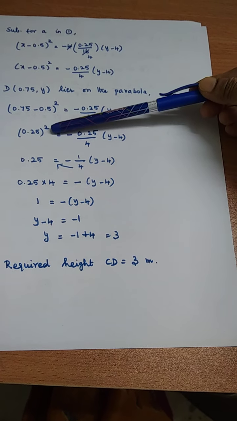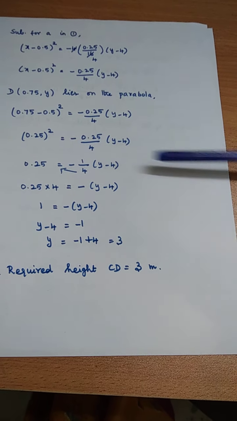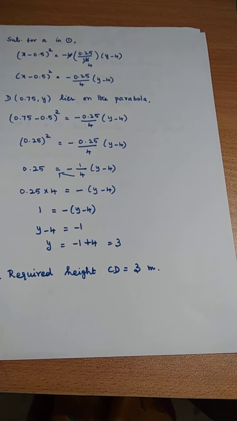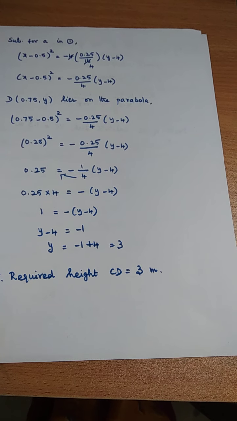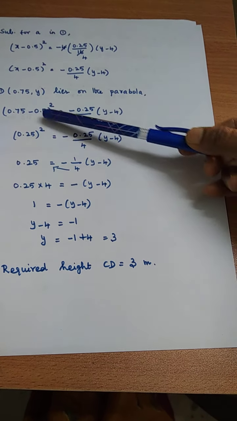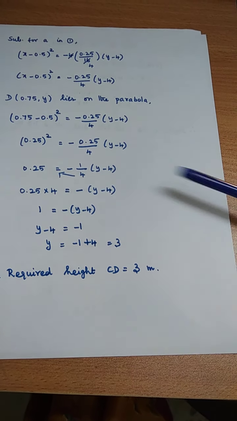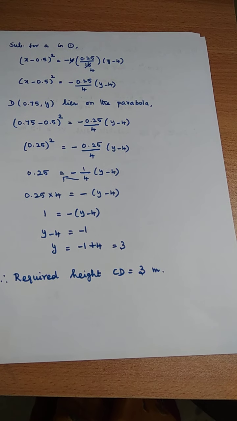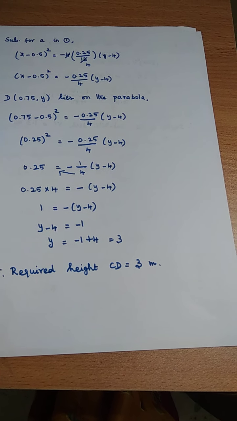Subtracting, 0.25 the whole square equal to minus 0.25 by 4 into y minus 4. 0.25 cancel with 0.25. So 0.25 equal to minus 1 by 4 into y minus 4.